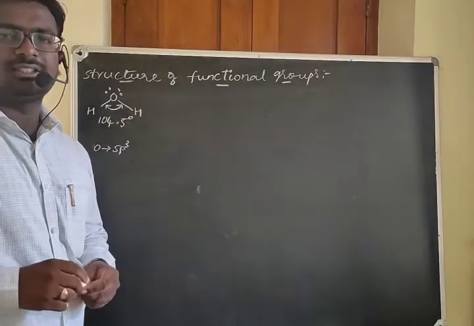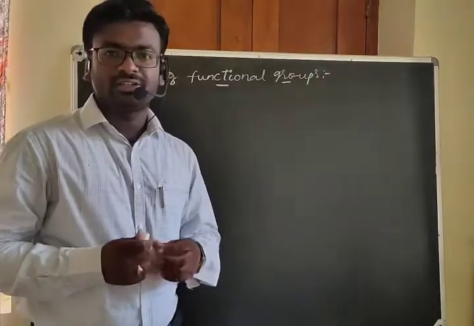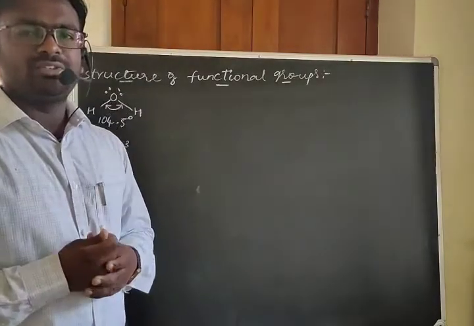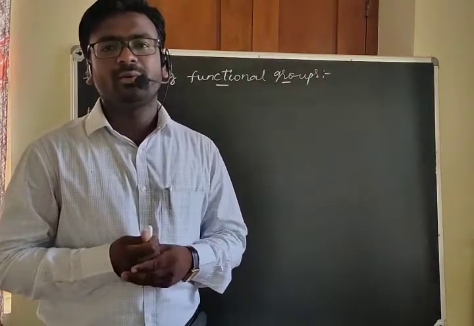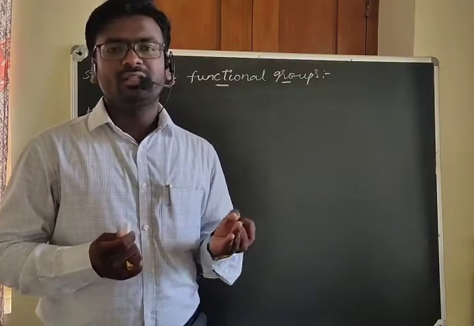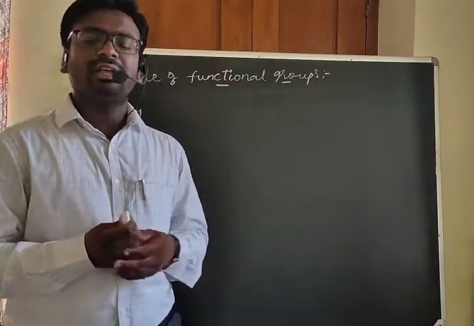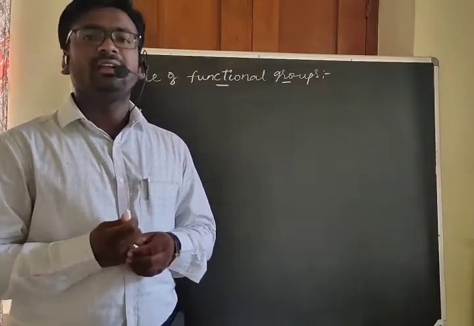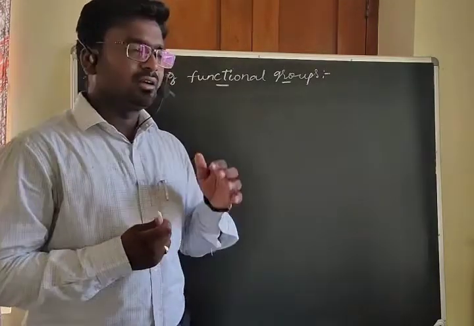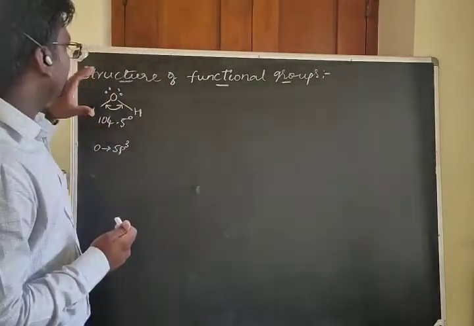Now let us discuss the structure of functional groups. In the present unit, we are studying alcohols, phenols and ethers. These all have similar structures, and they have a correlation with the structure of water.